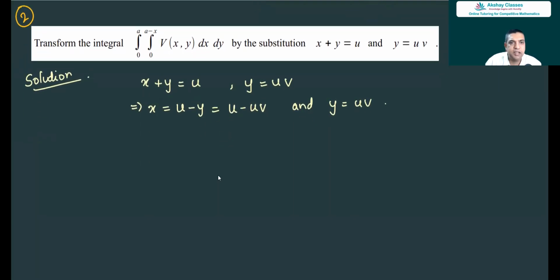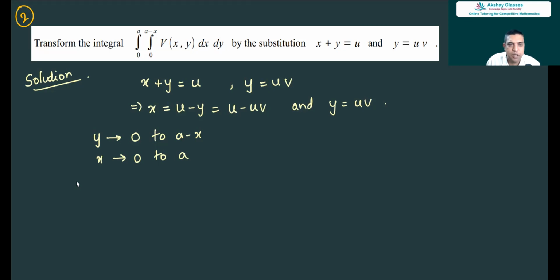Now the limits of the integral. Y varies from 0 to a minus x, and x varies from 0 to a. So now what will be the limits on u and v?